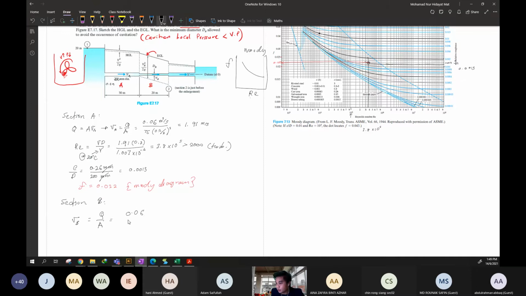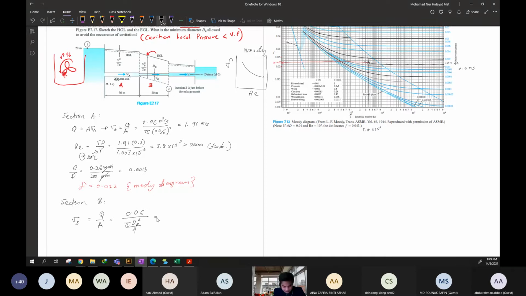So 0.06 over the area, pi d squared over 4. The diameter is what the question asks you to find: propose the minimum diameter dB. So just leave it as the answer.